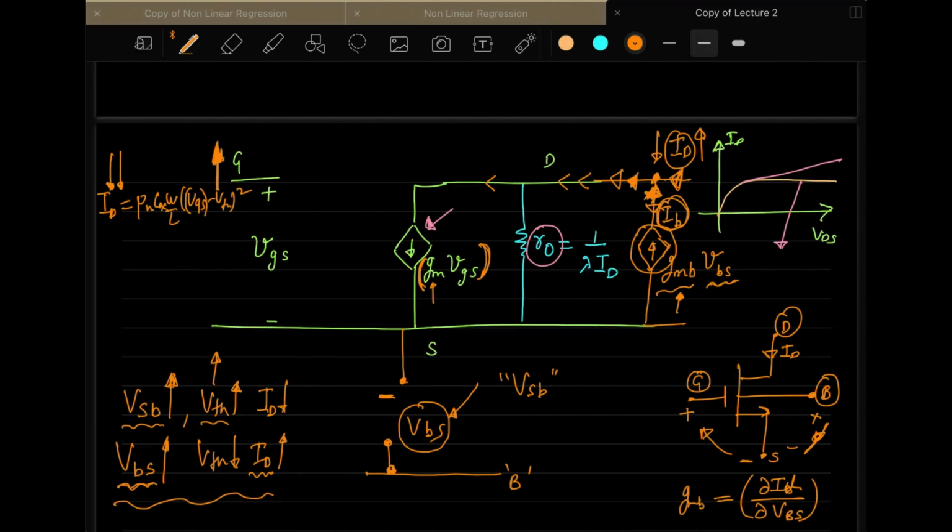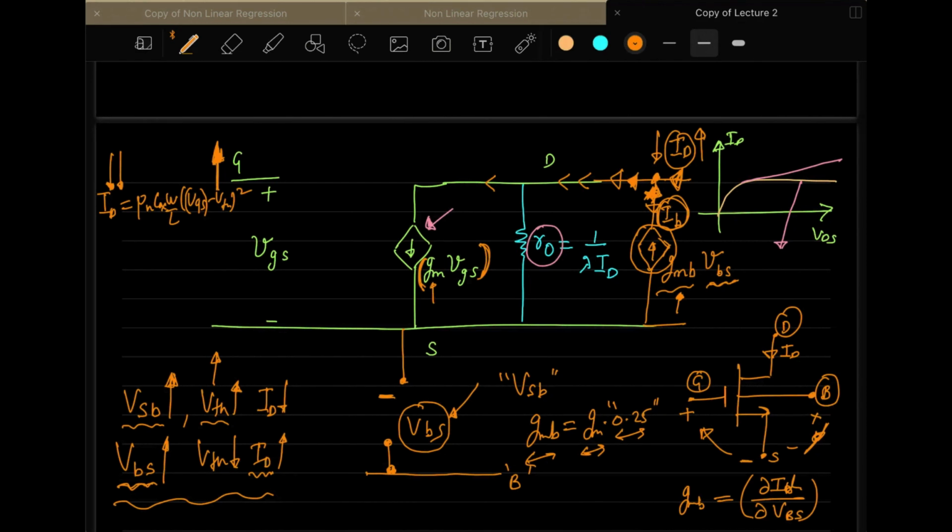This is the bulk. This is the full model for the MOSFET, but it's not exactly the full model. I will draw it now. But this is the model, and GMB and GM are related by a factor of 0.25. So GMB is actually 0.25 of GM.